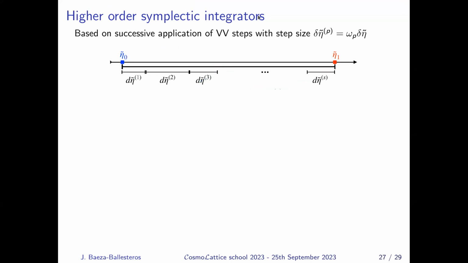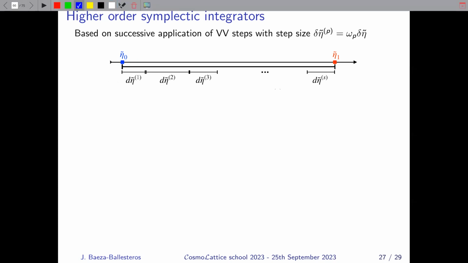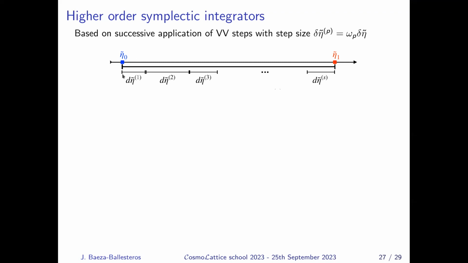So the idea of these Yoshida methods is to split the step you want to do into smaller time steps, these delta eta p's, such that you apply the velocity Verlet in each of these separately. So for the first sub time step, you will apply the kick, then you will do the drift, and then you will do the kick again.